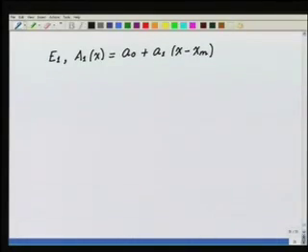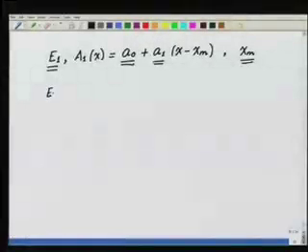So if I have to give this, then I have to also input Xm. So this E1, A0, A1 and Xm have to be inputted first.